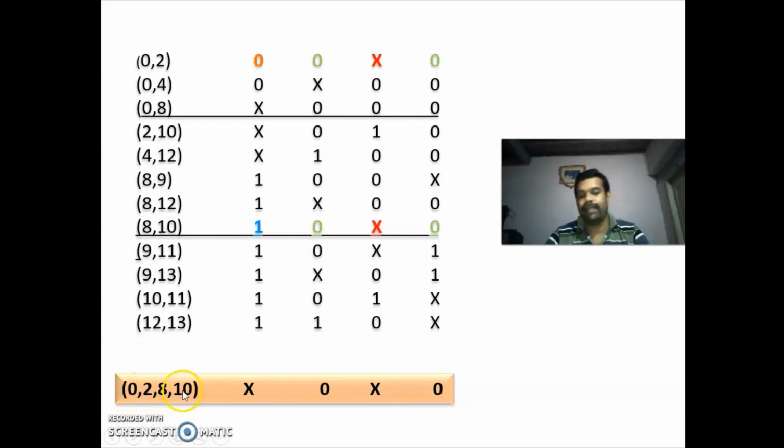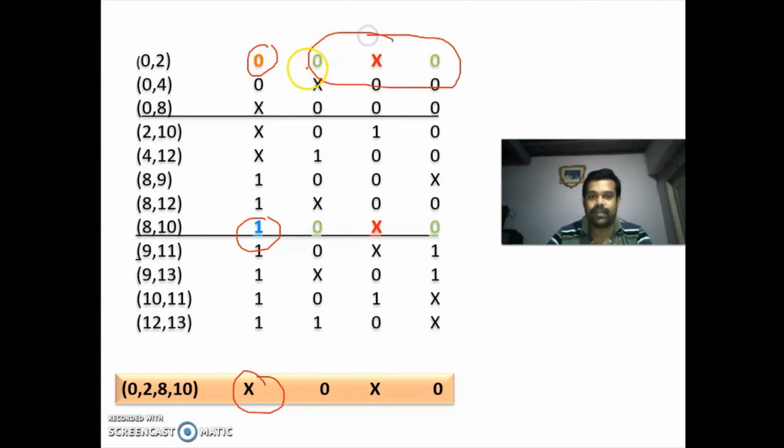This is a prime implicant. 0, 2, 8, 10 is x0 x0. Since only the first bit is changing, we are writing it as x. All the others are same. 0 x 0, 0 x 0.